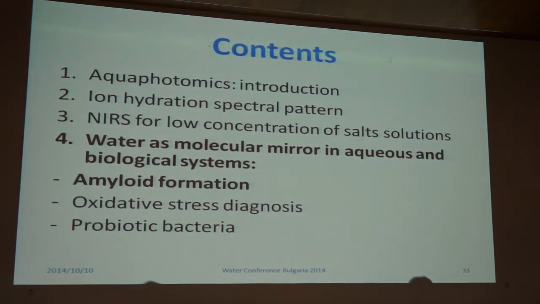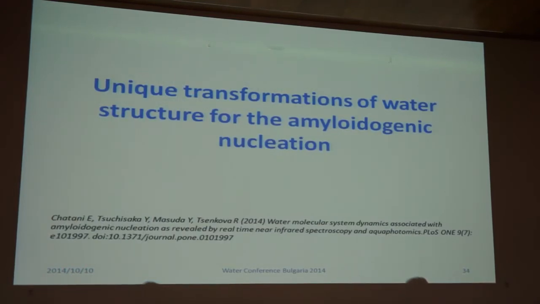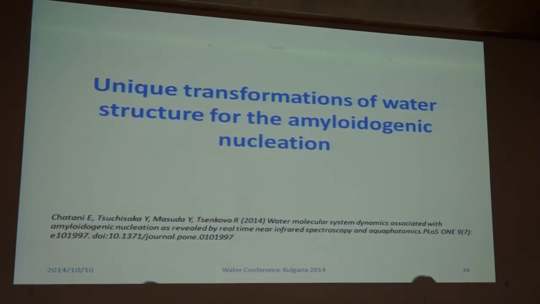Now, I will show you how we can use this basic understanding, because what we're doing is trying to understand what's happening, to have a clear picture with numbers, and how we can use it. The first is a paper we got accepted in PLOS ONE on the fibrillation of insulin.